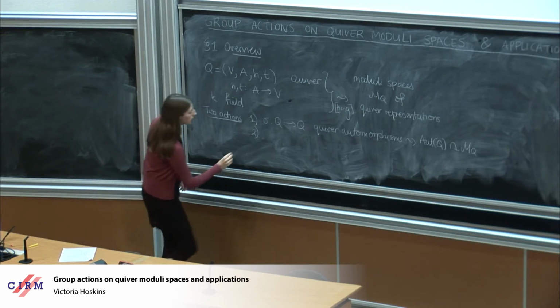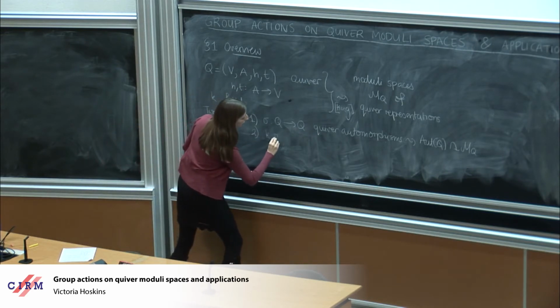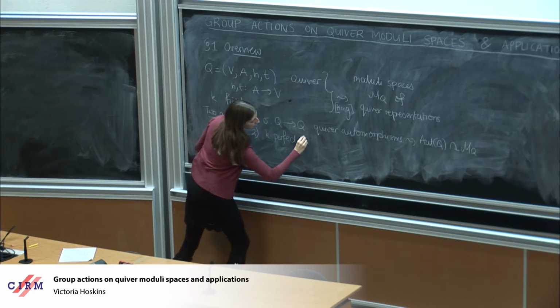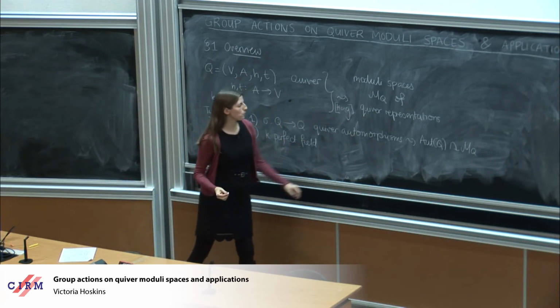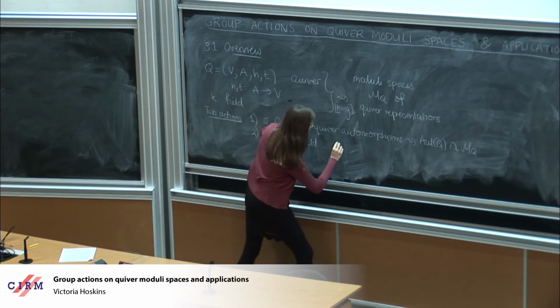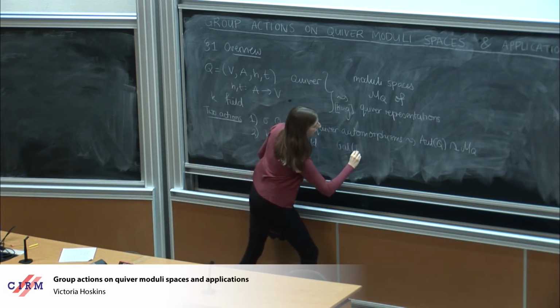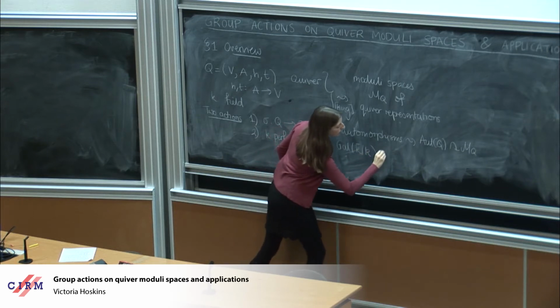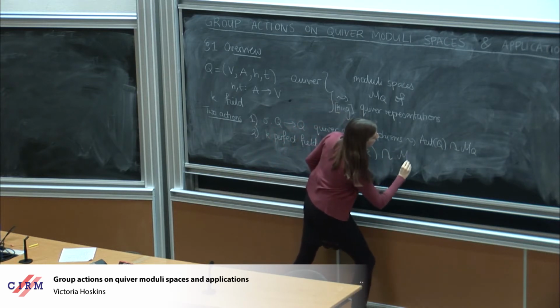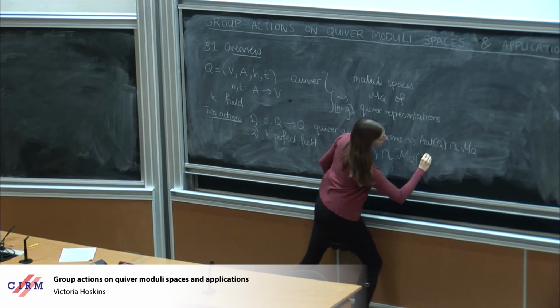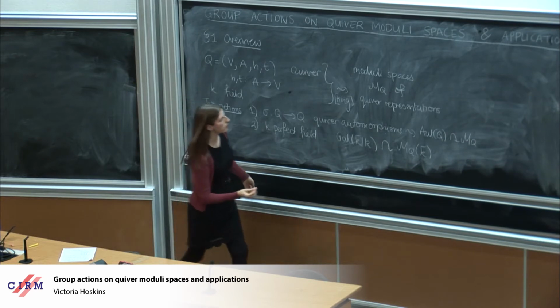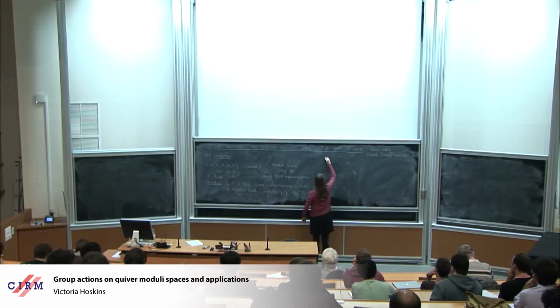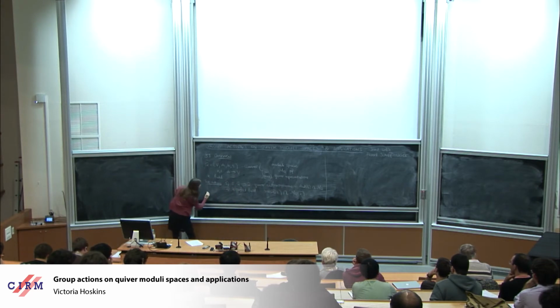And the second case is to consider a perfect field K and to try and describe the rational points of M by studying the action of the absolute Galois group of K on its K-bar points. In both cases, the goal is to describe the fixed locus.